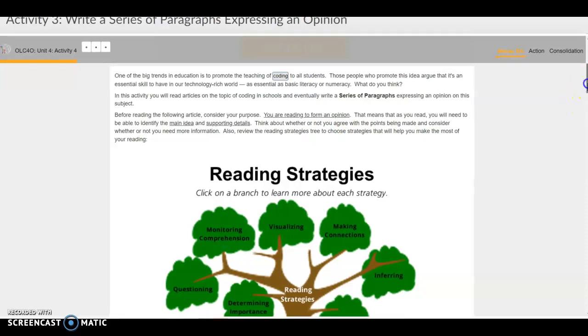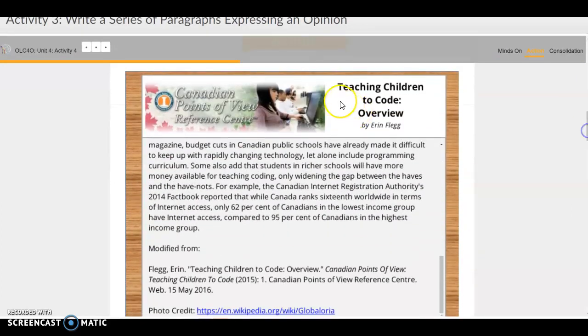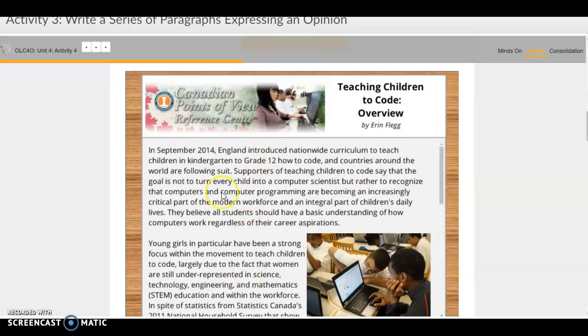So with that said, if we continue down here, you'll see our first article on coding, and it's called Teaching Children to Code Overview. And in this article, if we go to the top of it, it's just going to kind of introduce the idea of coding in education. And it's going to talk a little bit about England and how England has incorporated coding into all classes from kindergarten all the way to grade 12.